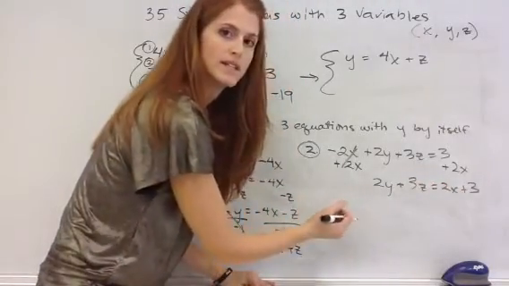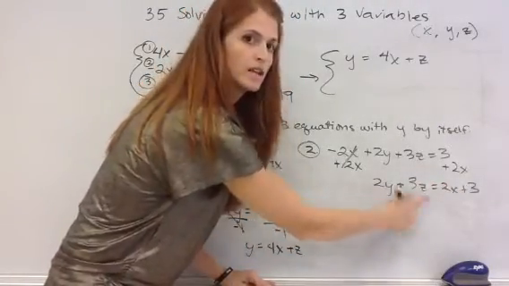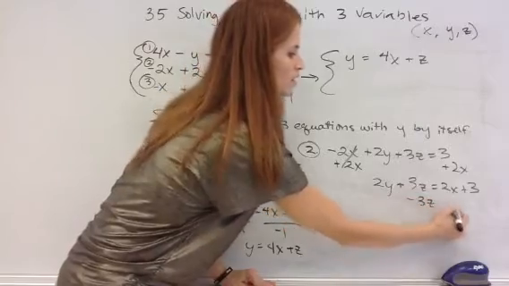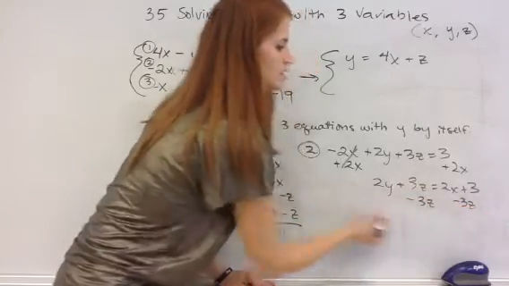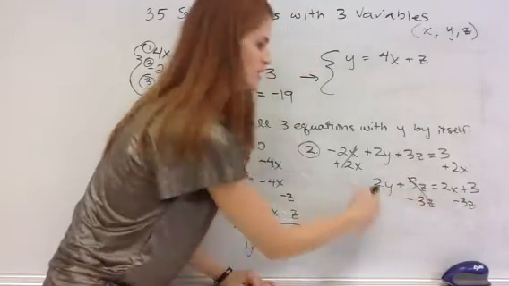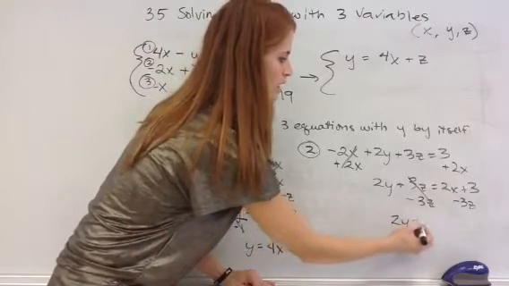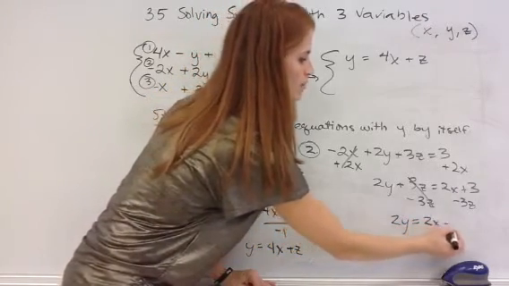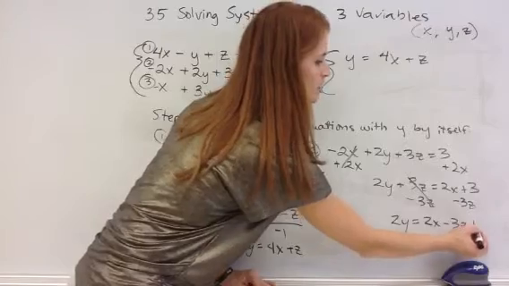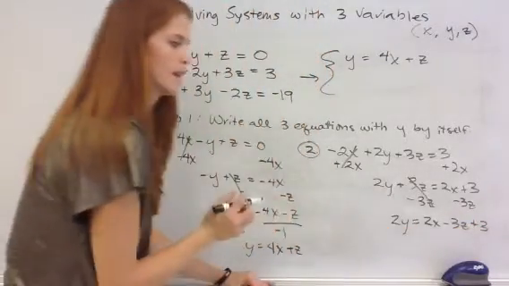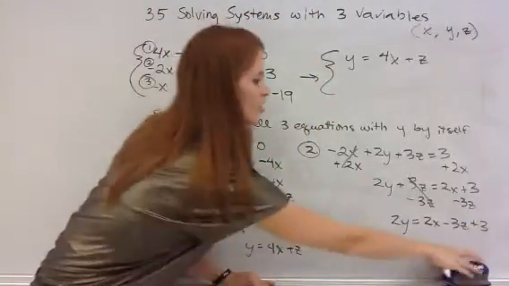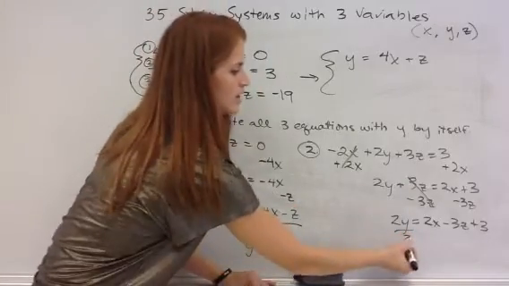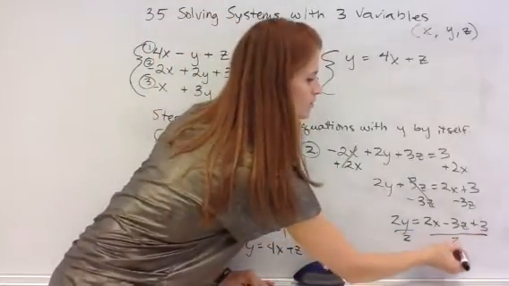Now I still need y by itself, so I'm going to get rid of the 3z. So I'm going to subtract it from both sides. That goes away. Over here I'm left with 2y equaling 2x minus 3z plus 3. I'm really close to getting y by itself, but I still have that 2. Divide everything through by 2.